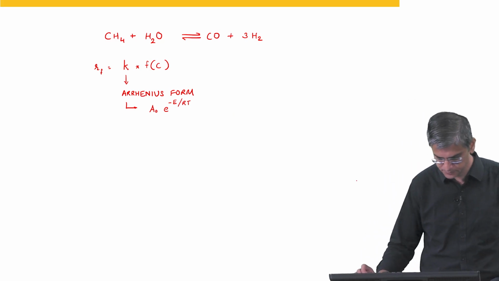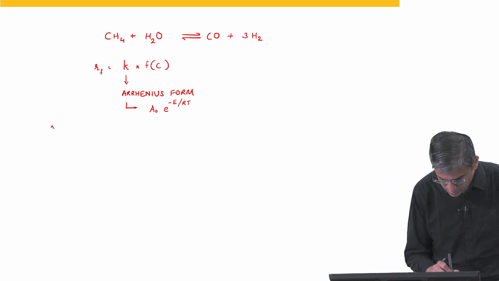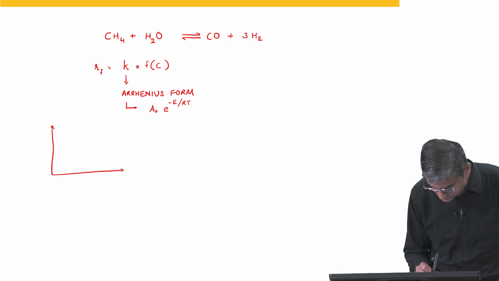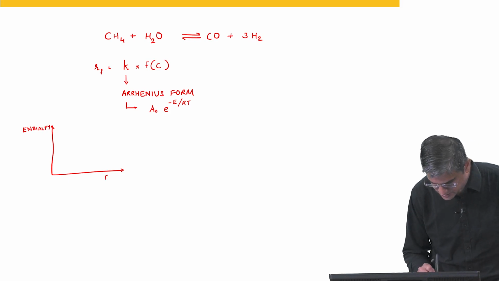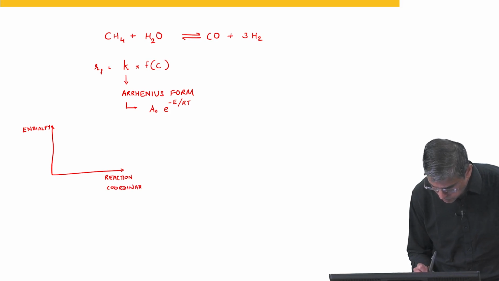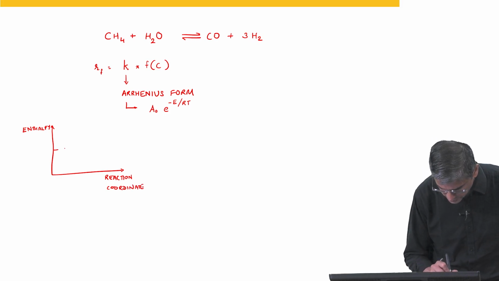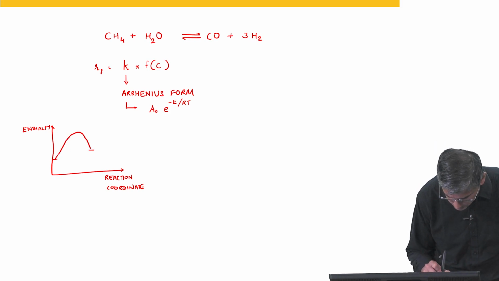Okay. So, you have seen, basically, if we are plotting enthalpy against reaction coordinate, we are going to start over here. This is endothermic, so you will start over here and end over here.